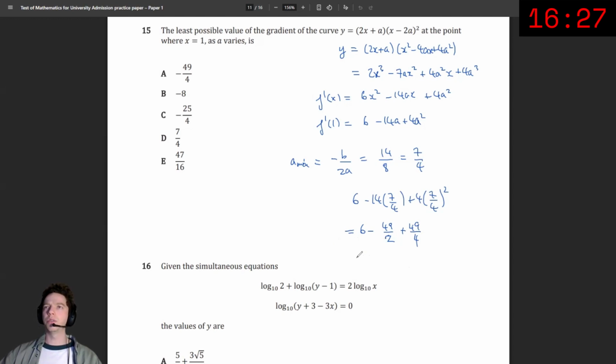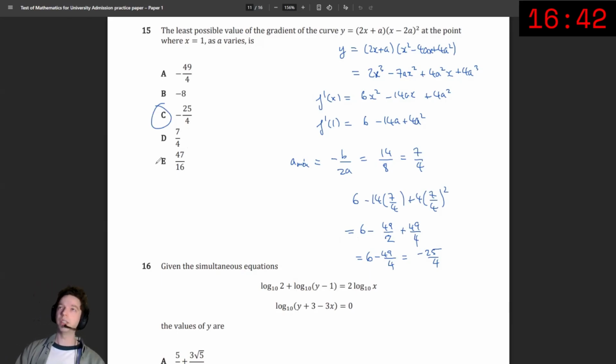Cool. So overall, 6 minus 49 over 4, which is 6 times 4, 24 minus 49. I think minus 25 over 4. It is one of the answers. Let's hope that's right. The answer is C indeed.